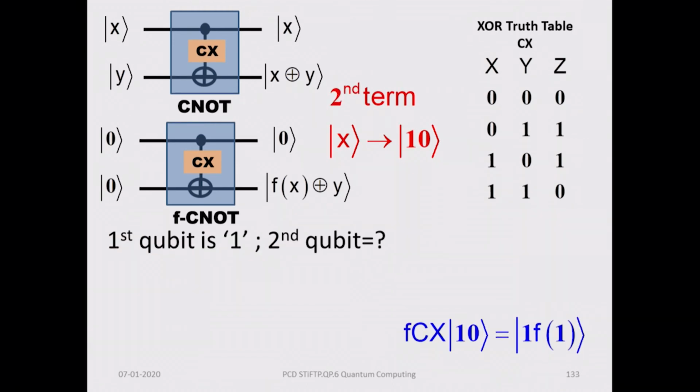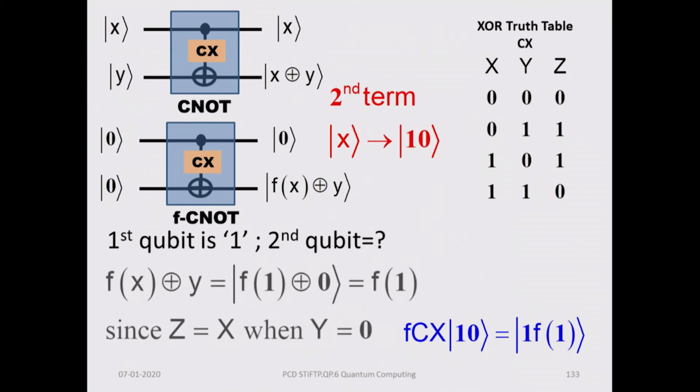So, now the second term is x is 1 0, and you can use the same logic, which is fx XOR y. So, x is 1, and since y is 0, z again will be equal to x, but instead of the control not, we are using the function control not. So, you have the function 1 over here, right.